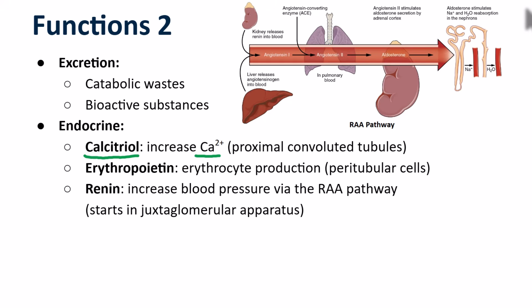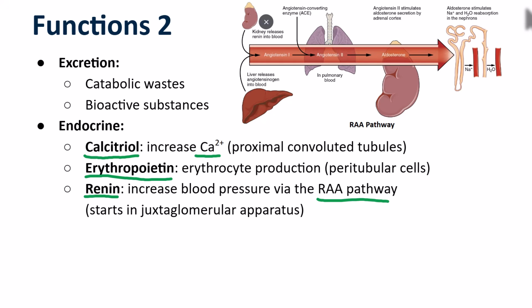Also within your kidneys, specifically peritubular cells, we have the production of EPO, or erythropoietin, which is the way in which we can exacerbate the new production of red blood cells, or erythrocytes. And then finally, the kidneys produce renin. Renin is a hormone that's an important part of the early stages of something known as the RAA pathway.